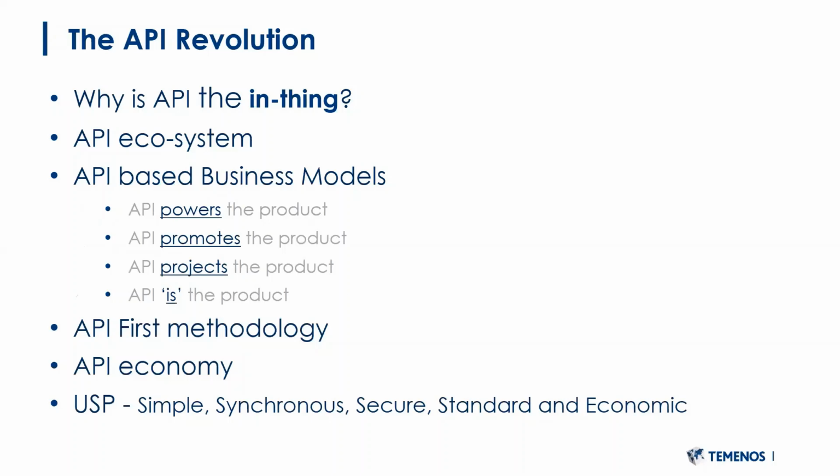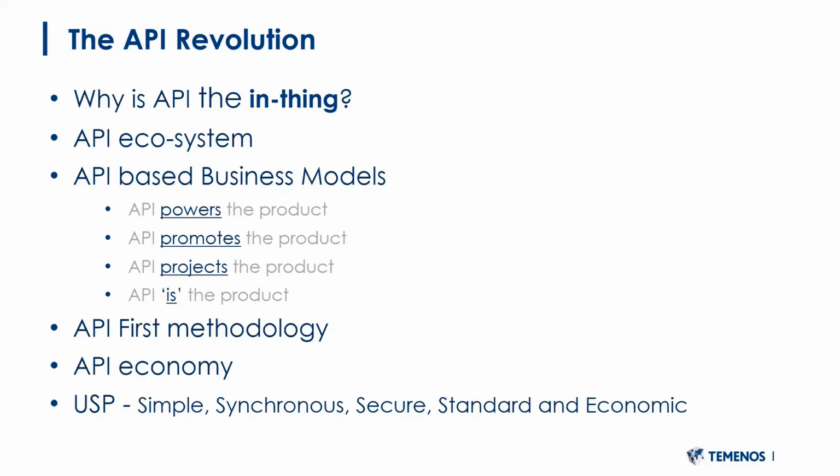API powers the product. That's the first model. So you build a software that is powered by external APIs. The taxi rental example that I gave just a while ago is a very good example here. All I had was just a basic application, but I used many APIs, such as Uber's and Google's, to actually power my product.